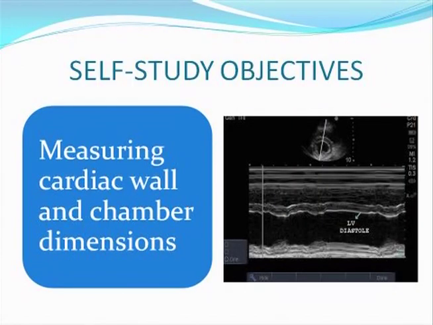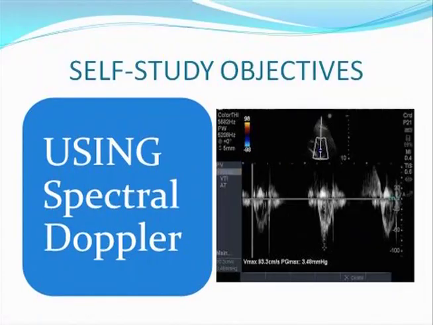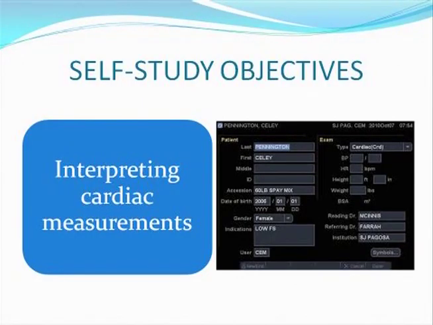D. Measurement of cardiac wall and chamber dimensions. E. Use of color flow Doppler. F. Use of spectral Doppler. G. Interpretation of cardiac measurements.